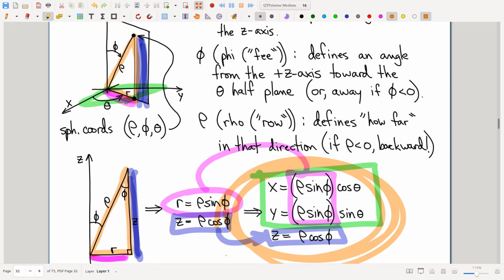Because I don't trust my memory. I know I've misremembered things so many times. If I were to memorize these, I am quite sure that at some point I would get the phis and thetas backwards, or I would have cosine here and sine there. I know I would screw it up.